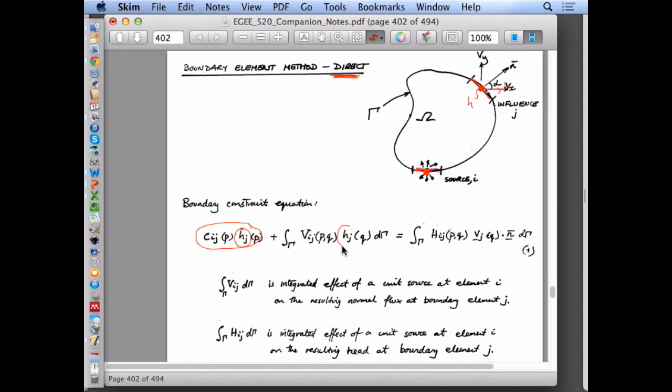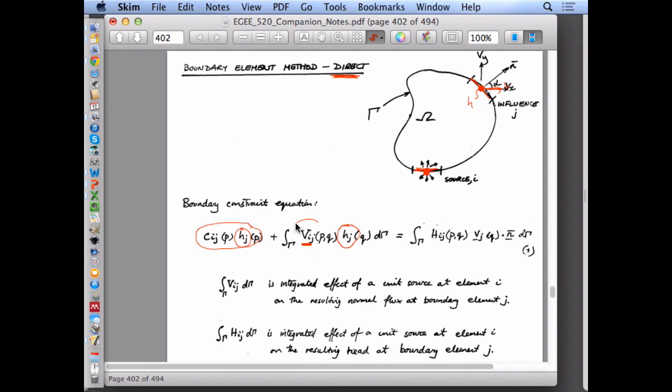The magnitudes of the heads that are imposed at that particular location on the boundary, but also an integral which represents the effects, if you like, of applying a unit source here, of unit magnitude, unit m if you like, and what the values of the velocities, normal to the boundary velocities, are at every single influenced location in sequence.